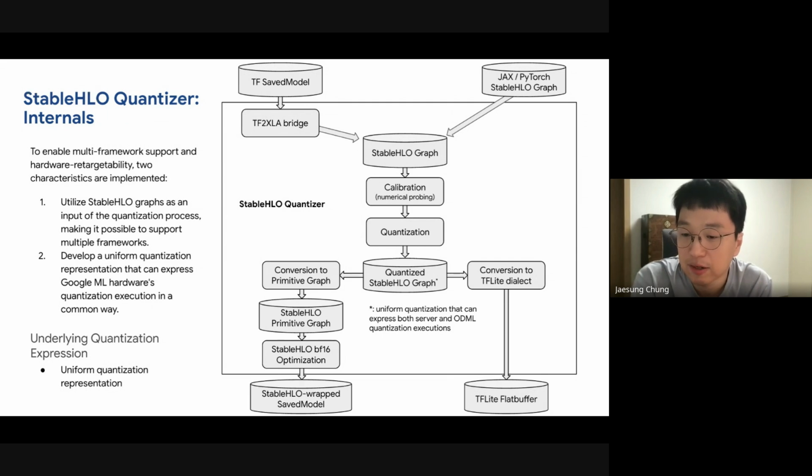Actually, we already launched an initial version into the TF-Lite product that is available, and we also expose this API through the inference compiler as well for the saved model based story.